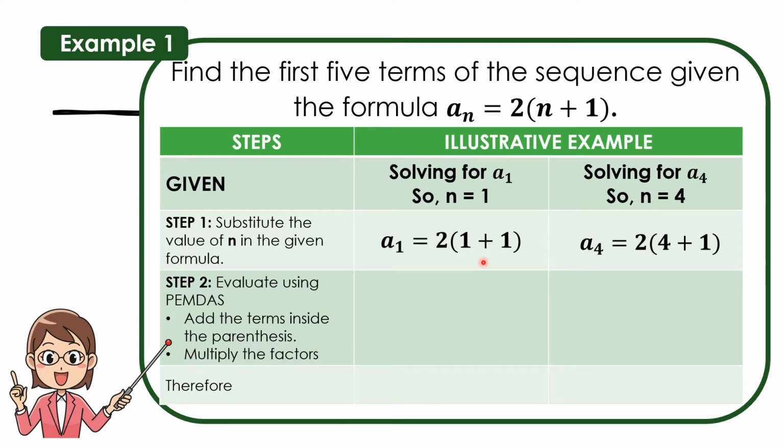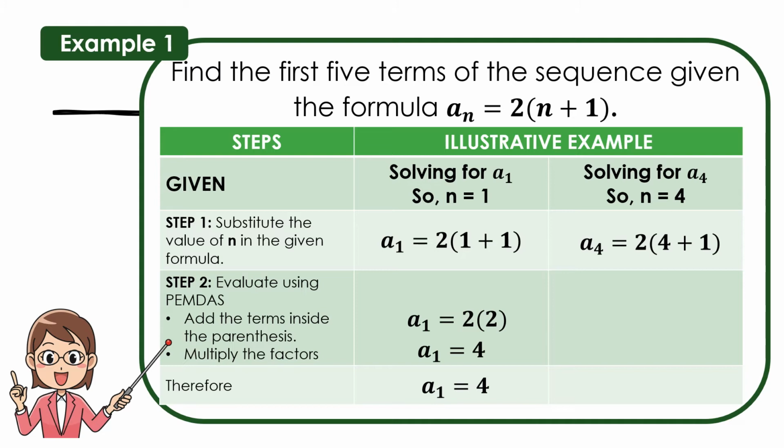Following the PEMDAS rule, let us add the terms inside the parentheses. We have a sub 1 is equal to 2 times 2. Multiply the factors. We have a sub 1 is equal to 4. Therefore, a sub 1 is equal to 4. This means that our first term is equal to 4.